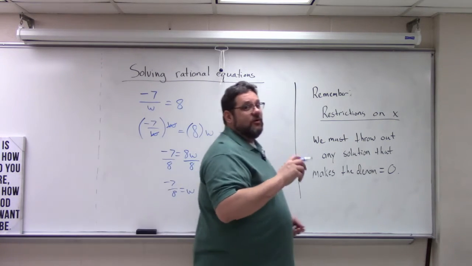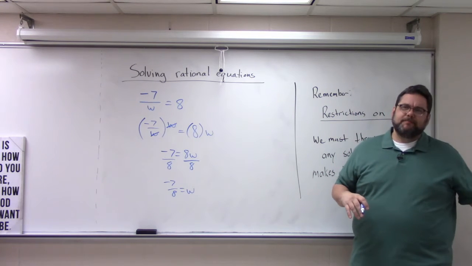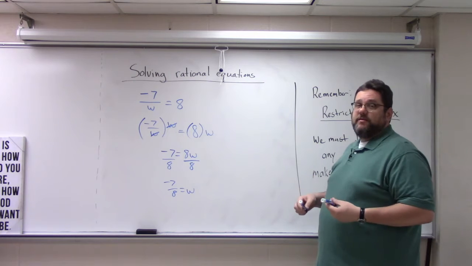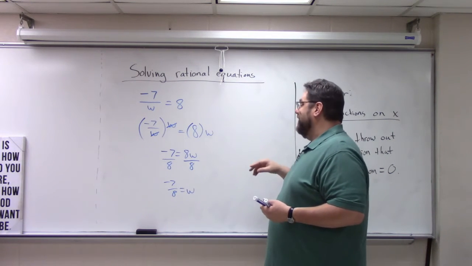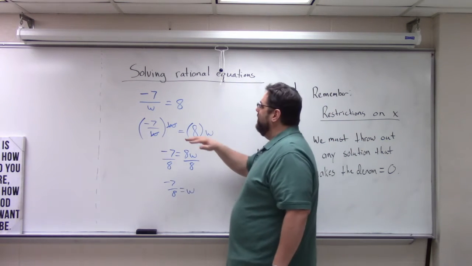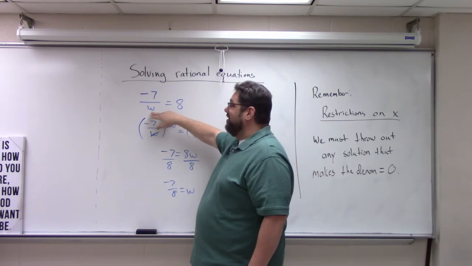Now, the reason I said "or are we" is we need to remember that when we're doing these problems especially, we need to always check to see if plugging this answer into our original equation is going to cause a 0 in the denominator. Now, this is a fraction, and it may throw you off, but if we put negative 7/8 in for w right there, we're not going to get 0.